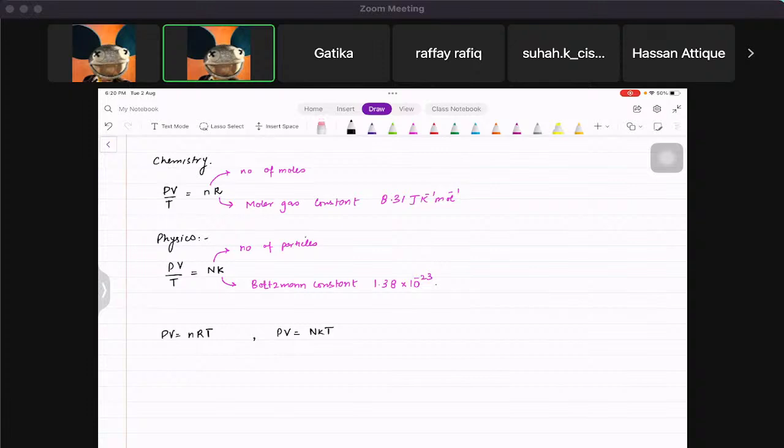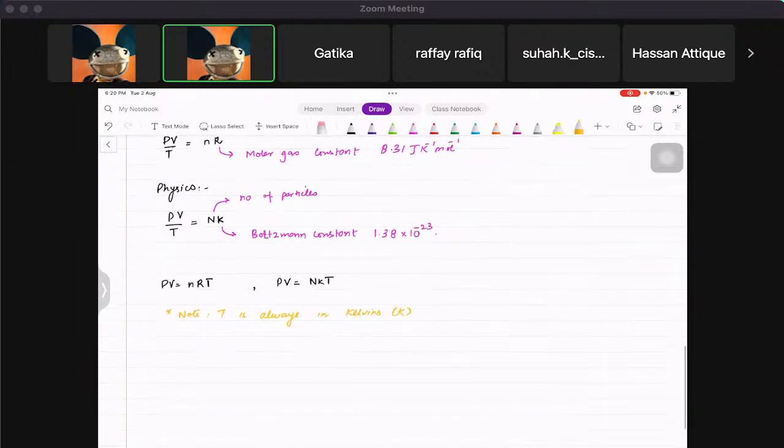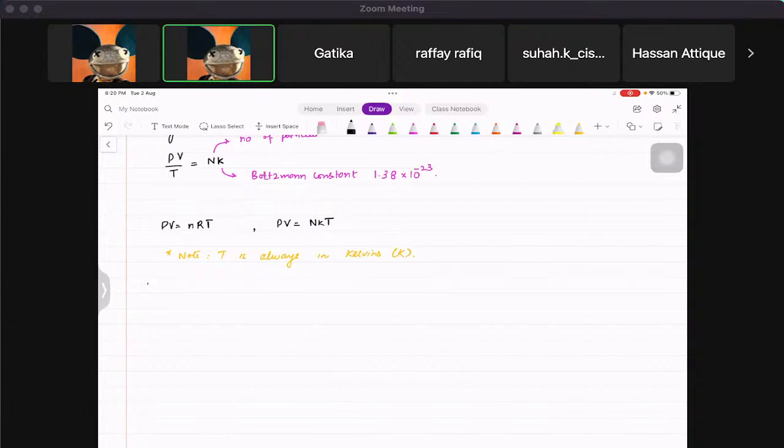Before we go on, I just want to write one note here so you don't forget that T is always in kelvins. Never take it in any other unit, please. Okay, now we're going to talk about the assumptions that the ideal gas depends on.